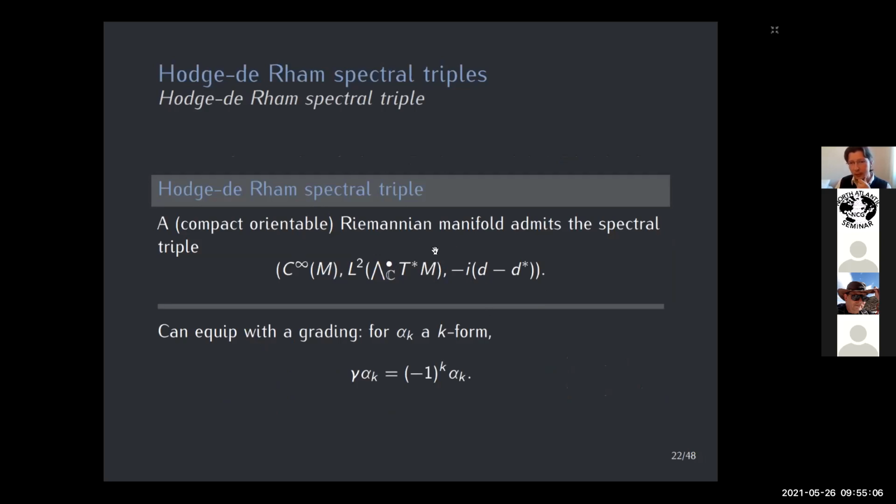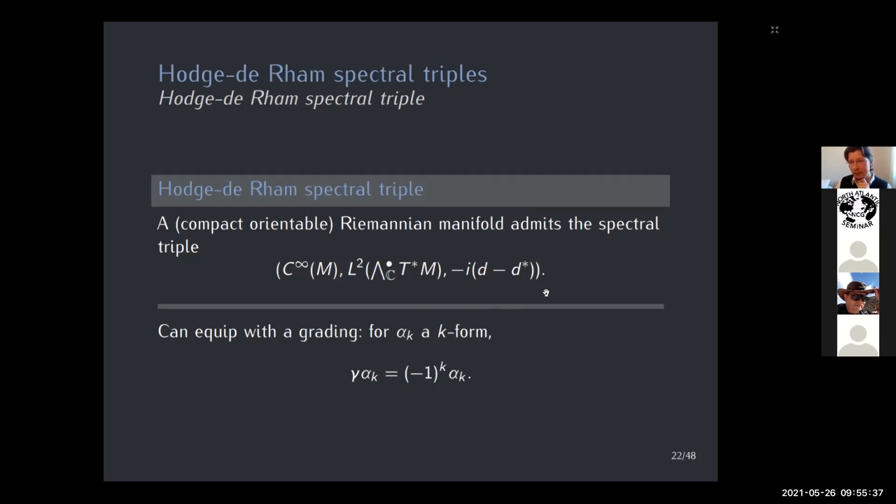The reason is basically that you forget about spinors for a moment, and you take as your star algebra smooth functions as before, but instead of acting on L2 sections of the spinor bundle, now it's sections of the complexified exterior bundle. And the Dirac operator now is this Hodge-Dirac operator, where the d is just the differential on one forms.